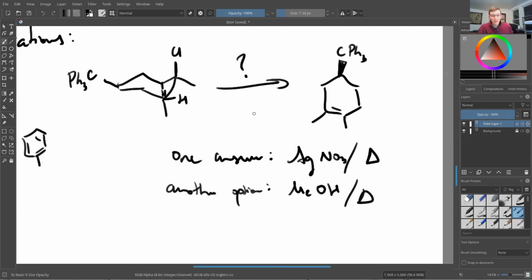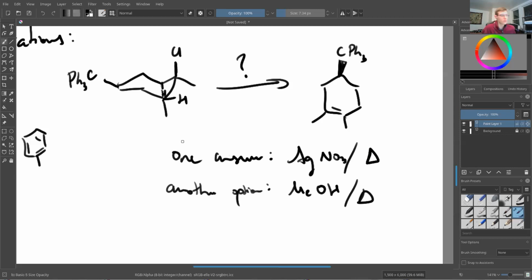Given that this quiz is primarily focusing on elimination, this is a good thing to keep your eye on. If you see an alkyl halide, and they say they're giving it any old solvent and a lot of heat, that might be E1.